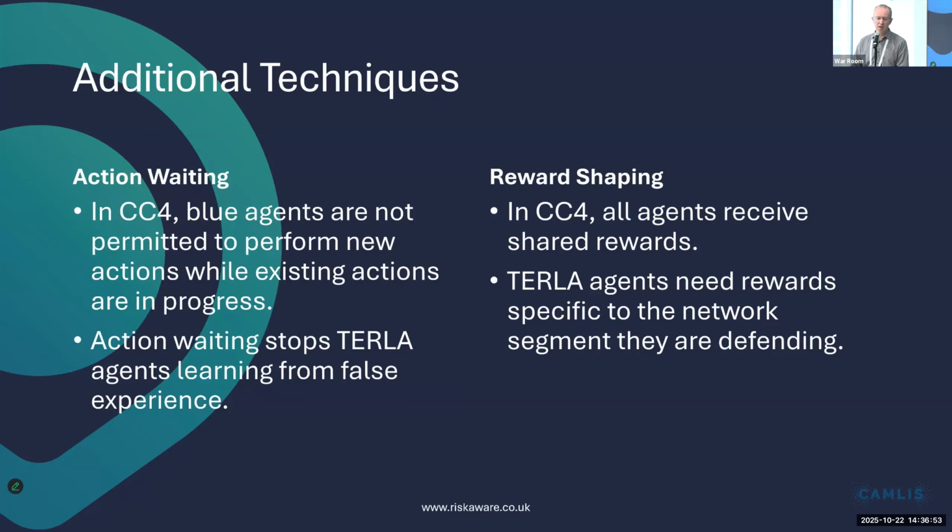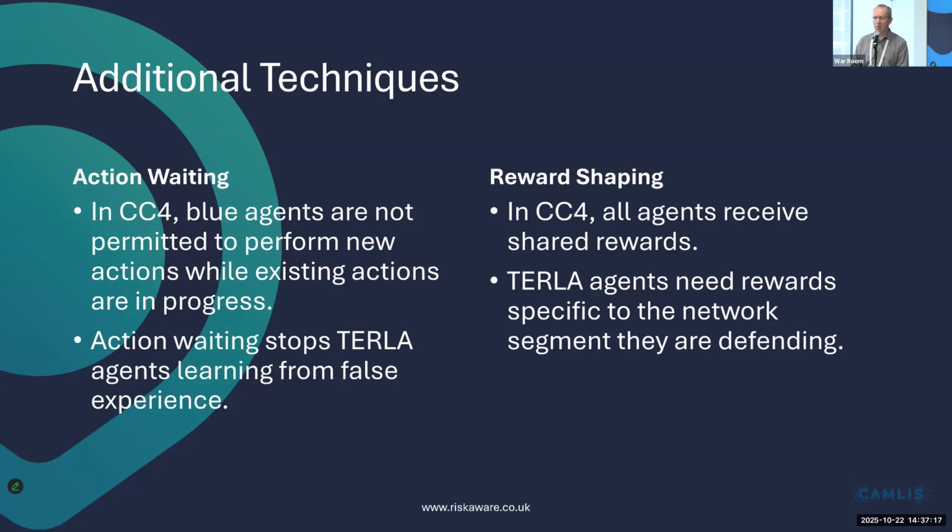We also had to implement reward shaping, and that's because in Cage Challenge 4, all agents receive the same shared reward, and that's part of the multi-agent reinforcement learning challenge. TERLA agents need more specific rewards than that to learn successfully, so they need rewards based on the network segment that they're defending.